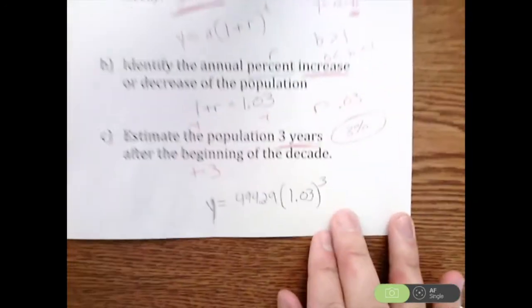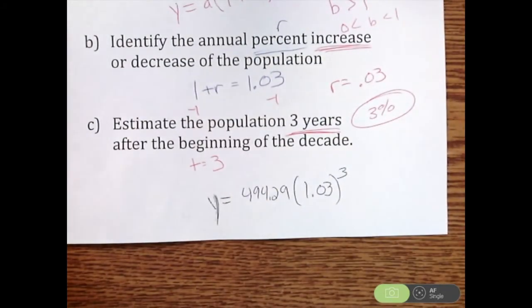We're going to use a calculator and solve that. You want to plug it in just like you see it. Where I have parentheses, you should have parentheses. So we have 494.29 times 1.03 to the third.